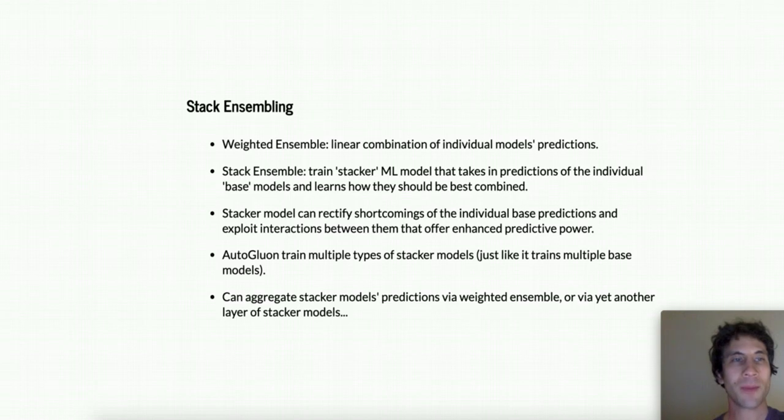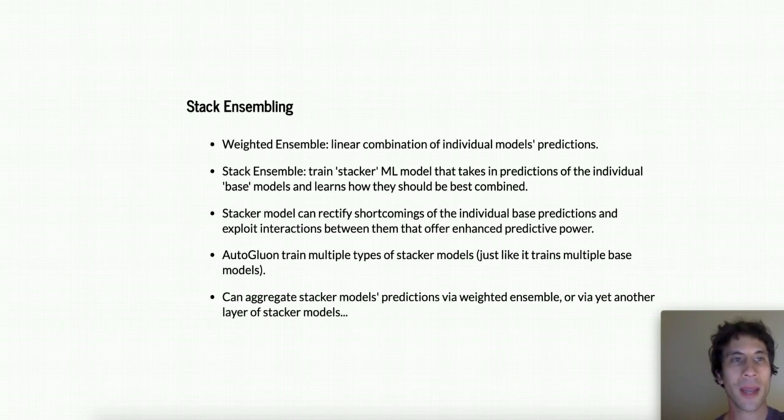This can be achieved by simply training this so-called stacker model on a newly constructed data set where the features are now all of the base models' predictions, say, concatenated together and using predicted class probabilities for classification tasks, and the target values in this data set would remain the same as in the original prediction task. The stacker model can thus rectify shortcomings of the individual base model predictions and exploit interactions between the base model predictions that offer enhanced predictive power.